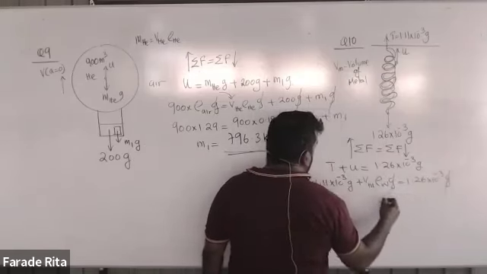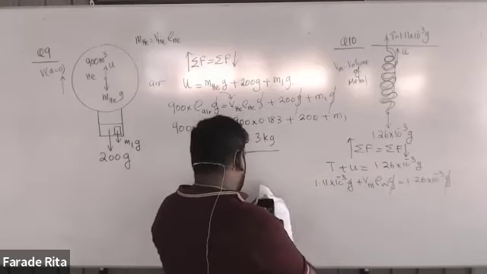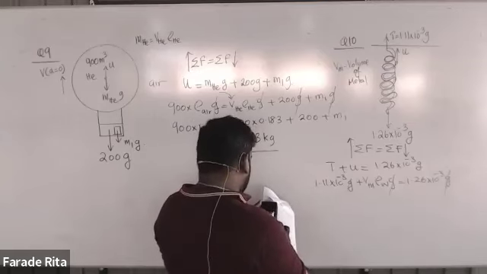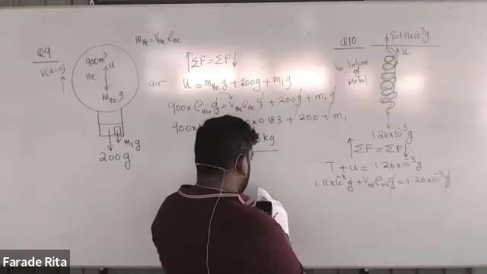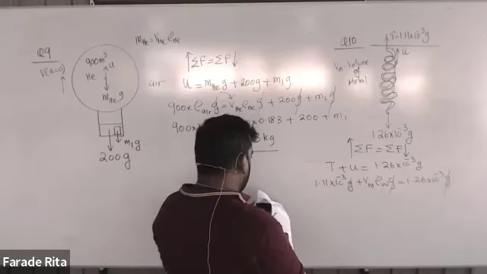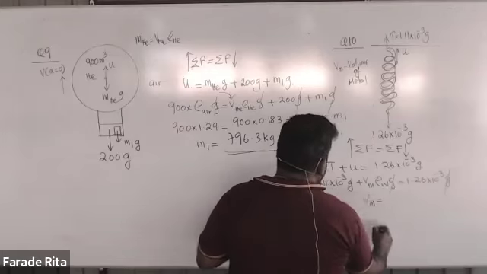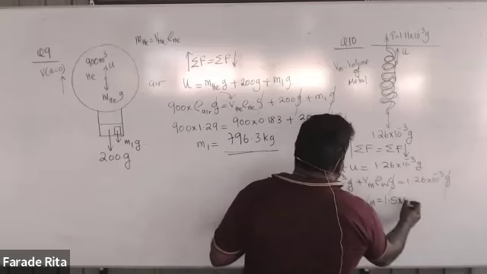All the g values cancel out. Simplify this carefully. 1.26, 10 to the power minus 3 minus 1.11, 10 to the power minus 3, divided by 1000. There you will get volume of the metal. Volume of the metal is 1.5, 10 to the power minus 7.